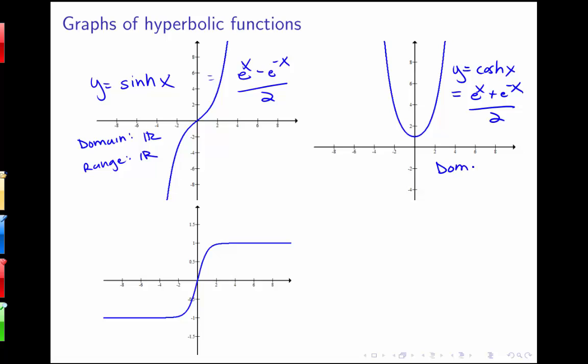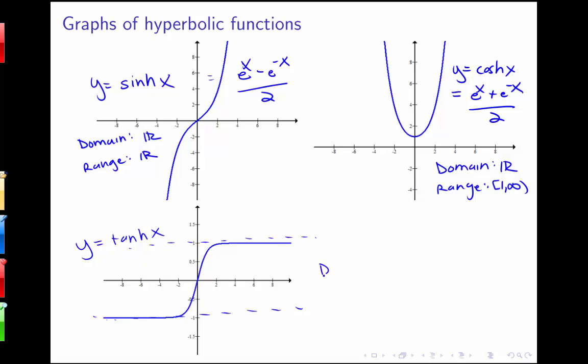And we can see that the domain of this function is all real numbers, and that its range is numbers that are greater than or equal to 1, up to infinity. The other picture that I've shown here is our hyperbolic tangent. So hyperbolic tangent here has asymptotes at 1 and negative 1.